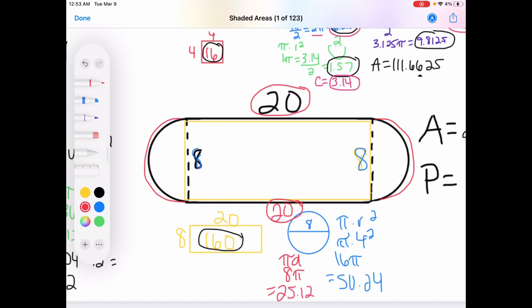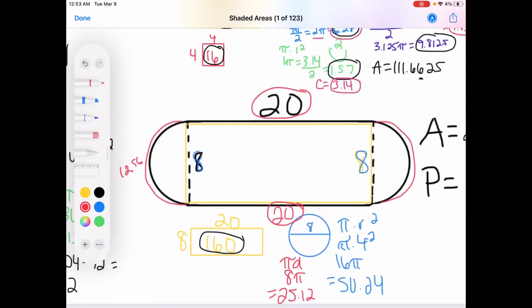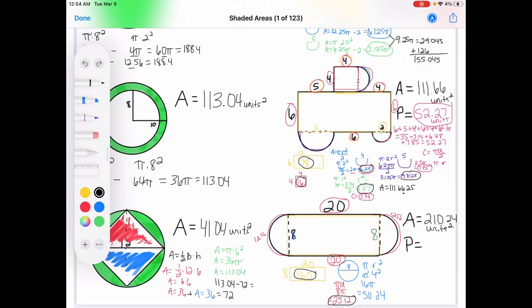So that means my circumference is 25.12. This side would be 12.56 because it's half of the circle, and this side would be 12.56. So if I combine my parts here, I have 25.12 plus, I didn't mean to circle the 50, plus this 20 and the other 20. So that gives me a total perimeter of 65.12 units.